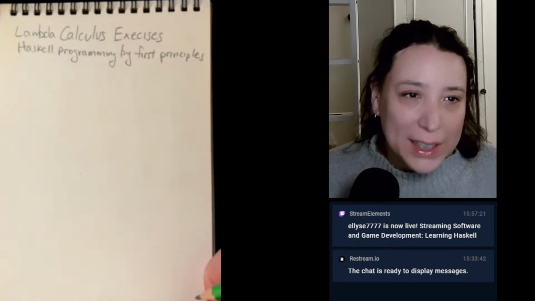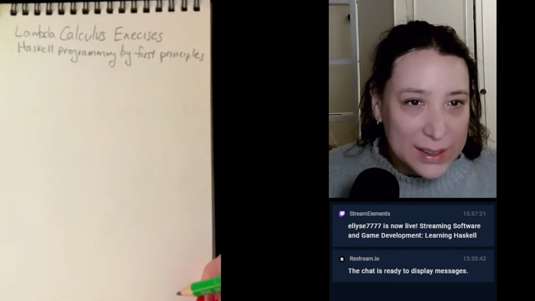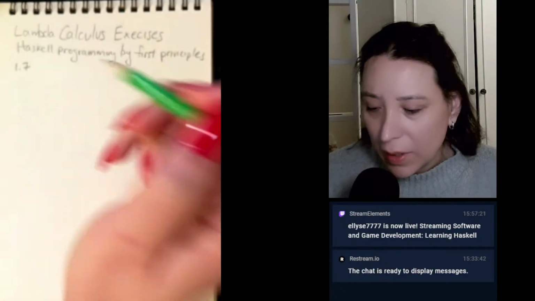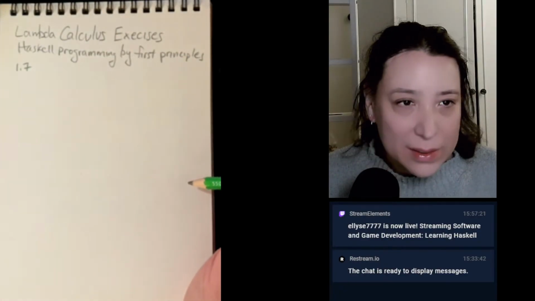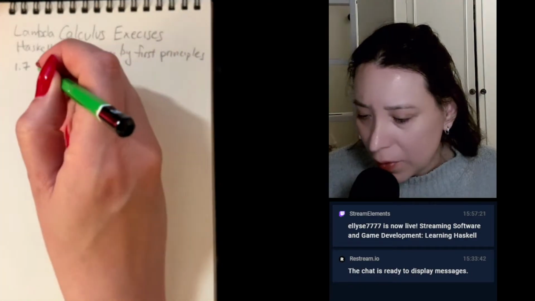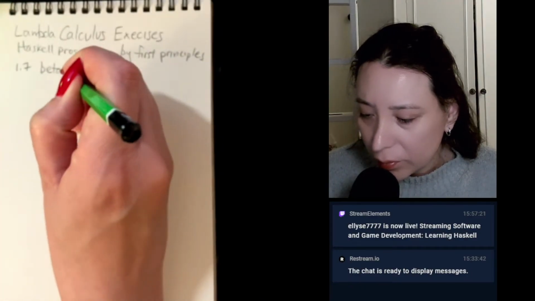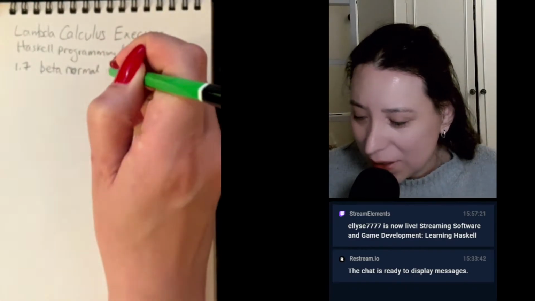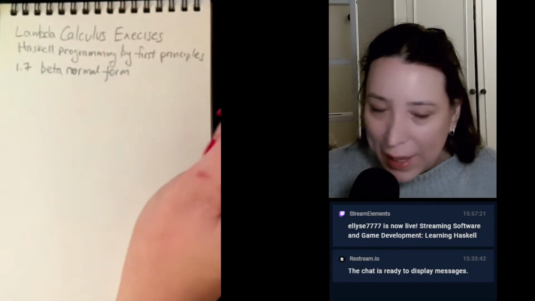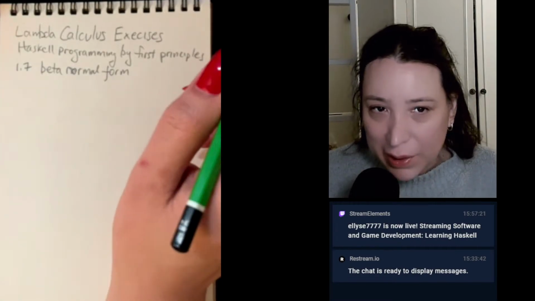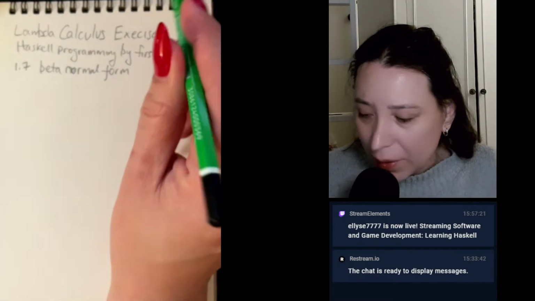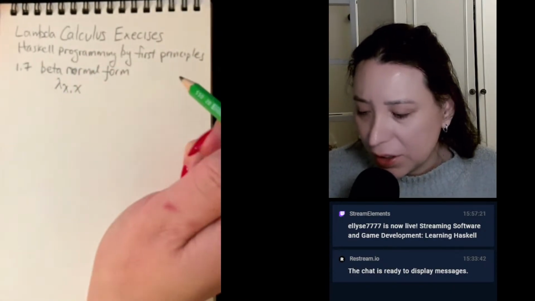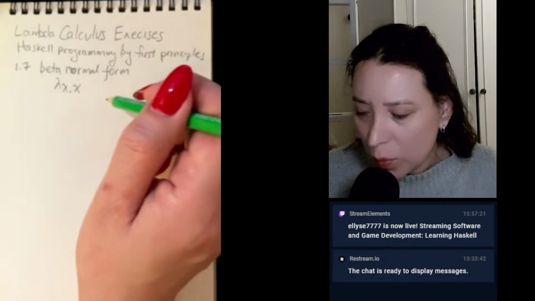So where am I? I'm on chapter 1, 1.7 right now, and it's basically talking about beta normal form. Beta normal form. I think I'm dyslexic. So that means, is it fully reduced? Is it fully evaluated? When you have a lambda expression like the identity function, there's nothing more you can do.